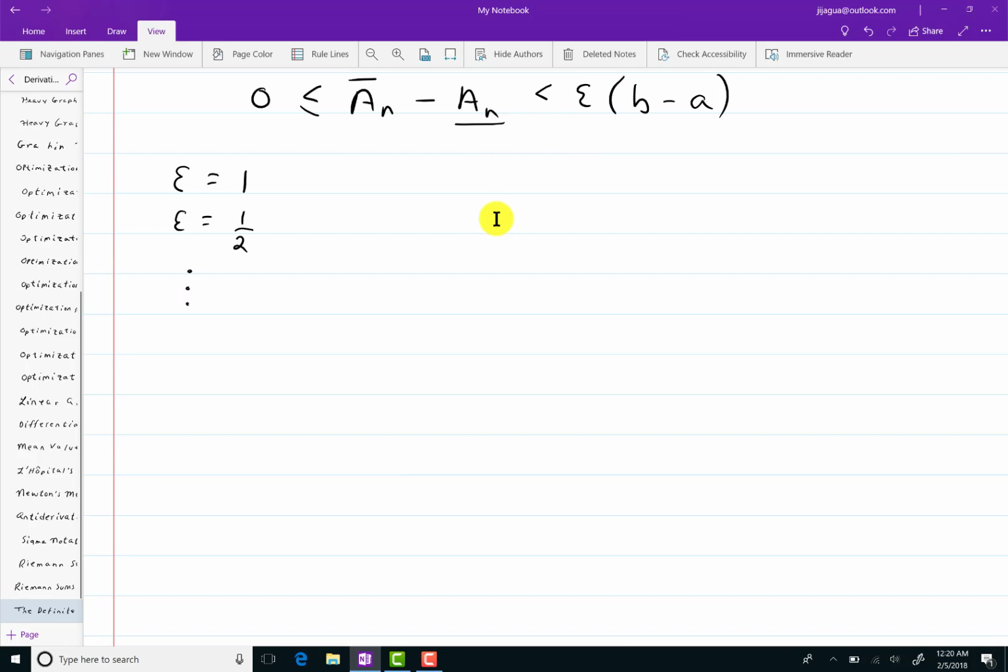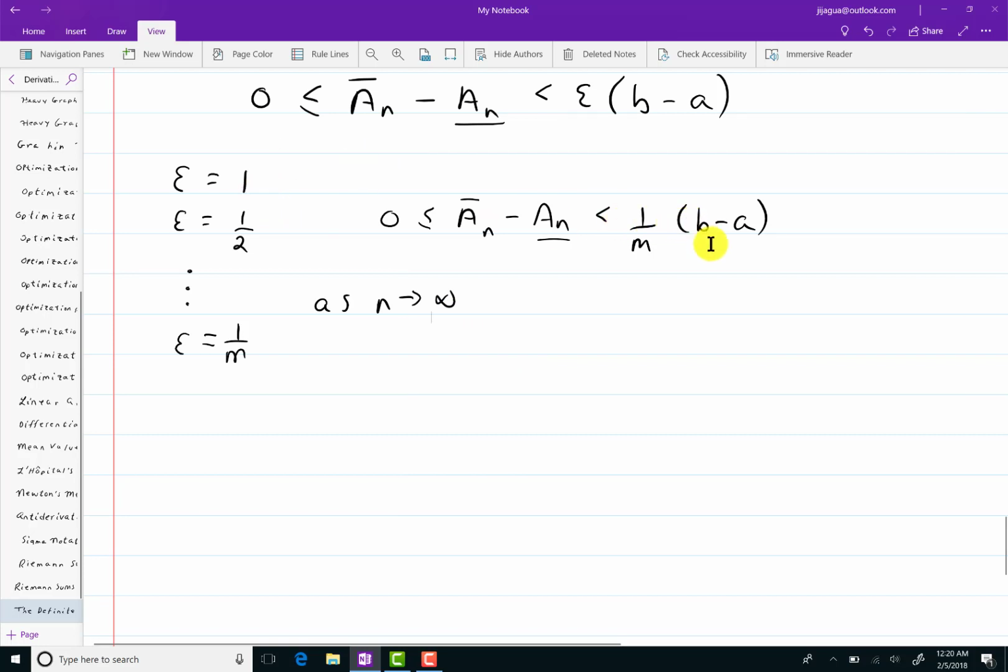Say I made epsilon some number that is shrinking, say 1 over m, and this m gets bigger as the n's get bigger. Well, if that's true, then you would have 0 less than or equal to a sub n bar above minus a sub n bar below, which would be less than 1 over m times b minus a, and m is going to infinity as n is going to infinity.